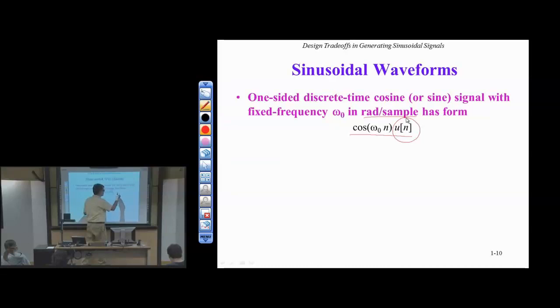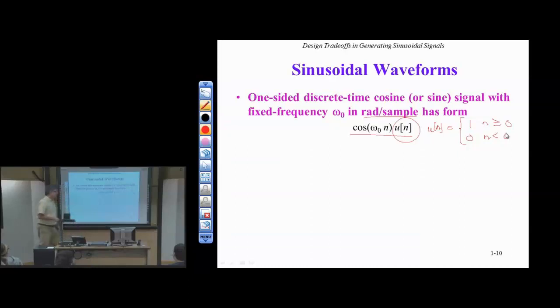So u of n is going to be 1 when n is greater than or equal to 0, and 0 otherwise. Right, so it's very simple, it turns on at 0 and stays on. And by on we mean 1, and by off we mean 0.